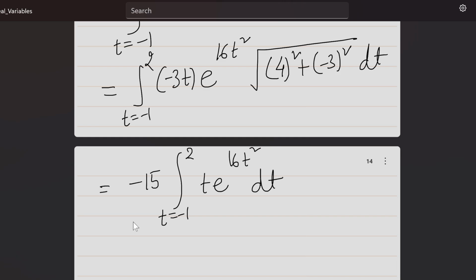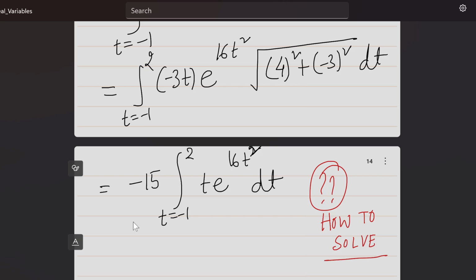Now can you tell me how to do this integral? Any idea? How to solve this integral? I will put t square equal to some z. You are correct. So z is varying from 1 to 4, since t varies from -1 to 2.